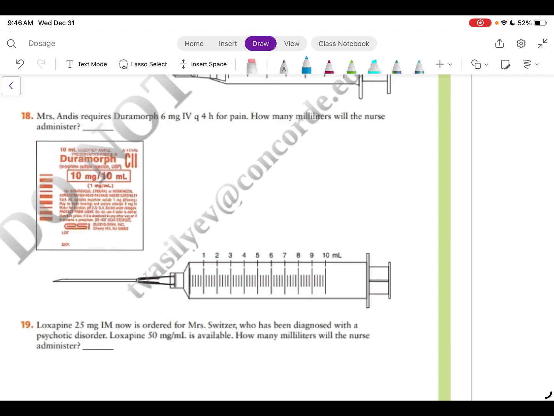All right, number 18. You have an order for Duramorph, 6 milligrams. Right? How many milliliters are you going to give? Again, the label gives you two options of how to solve this problem. Pick the dosage that you prefer. Again, I'm going to go with the smaller one there in the parentheses because there's less math for me to do. So X mL.